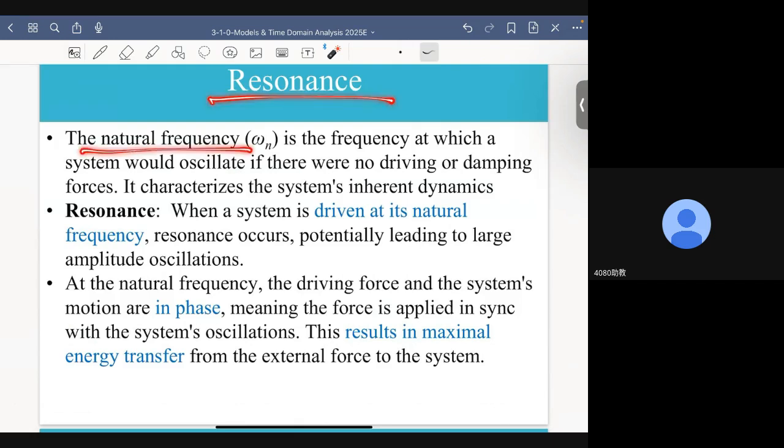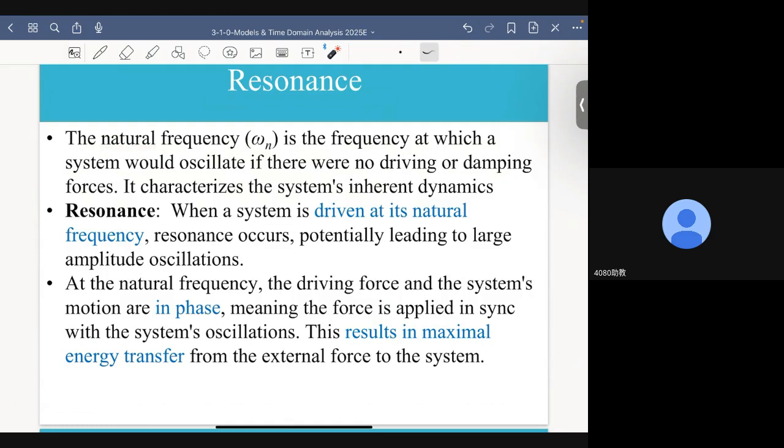The natural frequency omega n is the frequency at which the system would oscillate if there were no driving or damping forces. It characterizes the system's inherent dynamics. So natural frequency is always a property of inherent dynamics. That's why it is called a natural frequency, because it comes from the nature of the system.